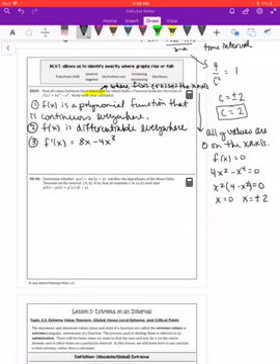That is at x equals 0 and x equals plus or minus 2. So that means that f of negative 2 is the same as f of positive 2 is the same as f of 0, and they're all 0.